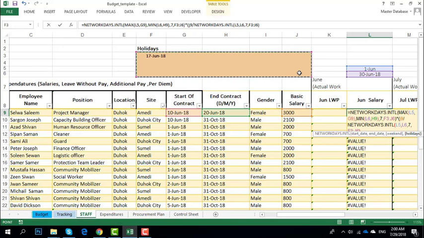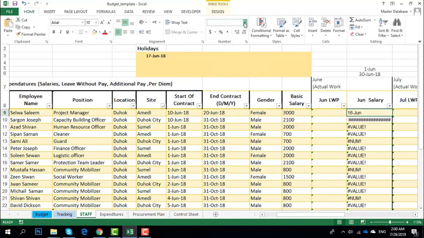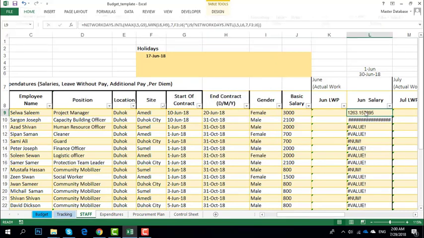Close it, then we close it again. Done. I mean, if she is working this way, her salary will be 1,263.